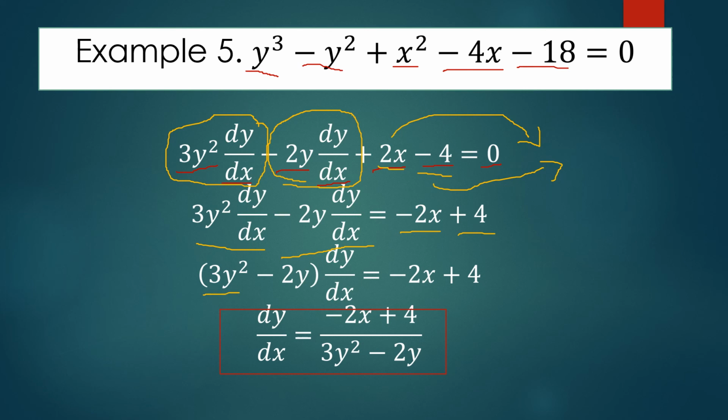Negative 2y times dy over dx divided by dy over dx is negative 2y is equal to, copy the expressions in the right side of the equation and divide now 3y squared minus 2y both sides of the equation. So we will have dy over dx is equal to negative 2x plus 4 all over 3y squared minus 2y.